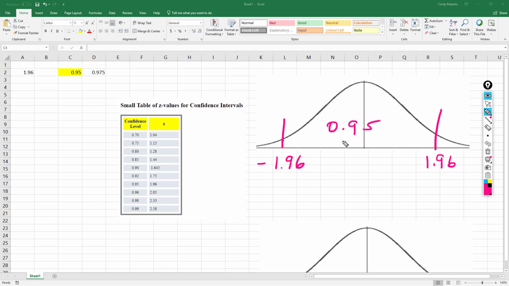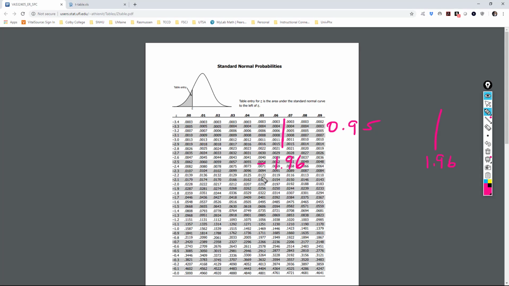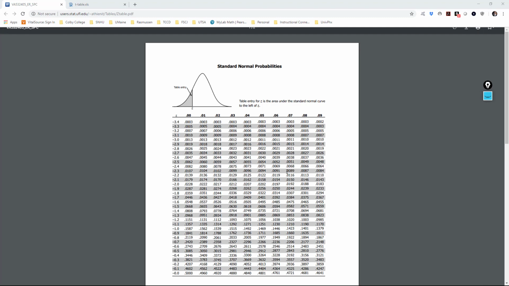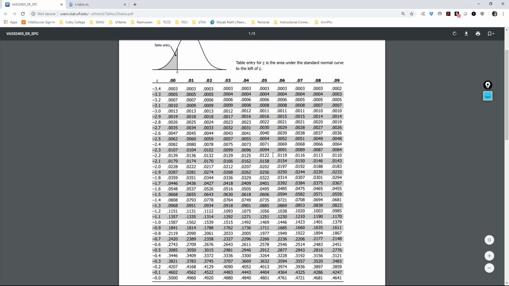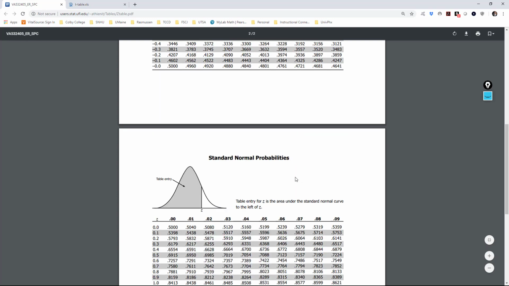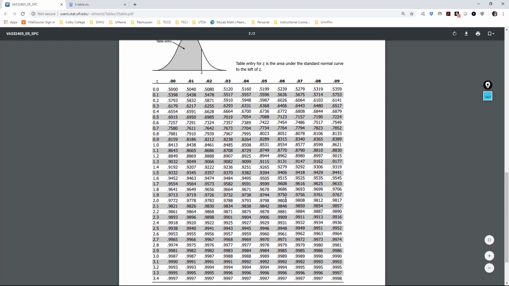Now if I go to this actual table and look up within the table, the actual area, I'm not looking at Z values here. What I'm looking for is the area closest to 0.0250 or the area closest to 0.9750.